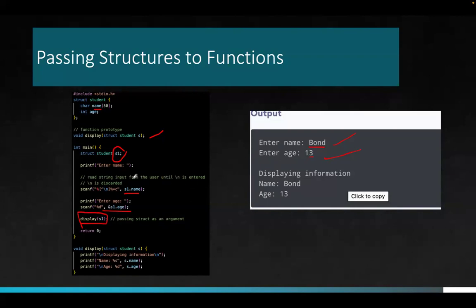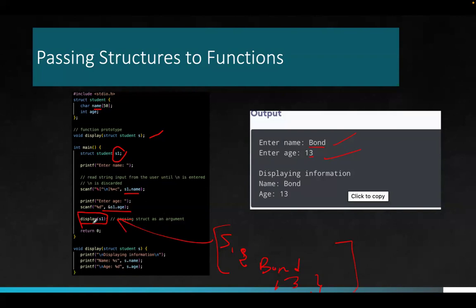S1 is already prepared. What does S1 hold? S1 holds the name Bond, and S1 holds age, which is 13. This structure value I am passing into the function called display.